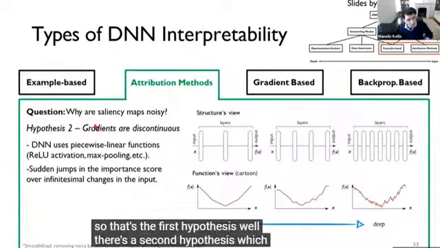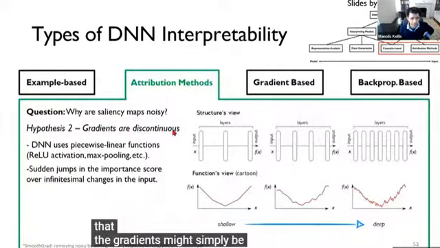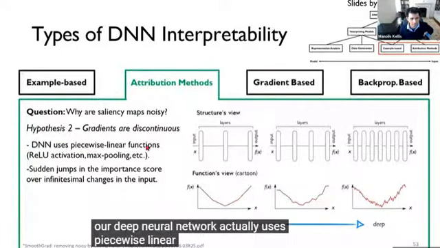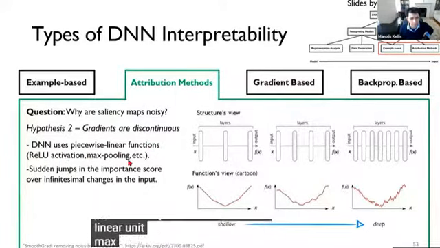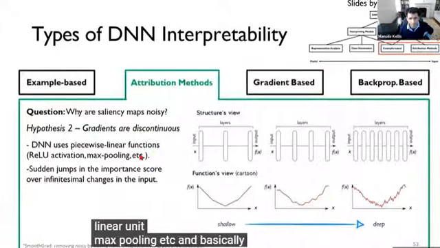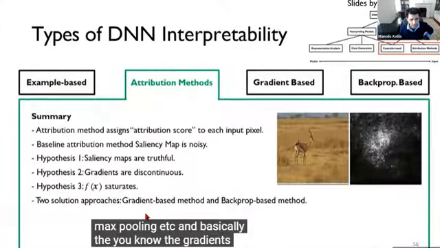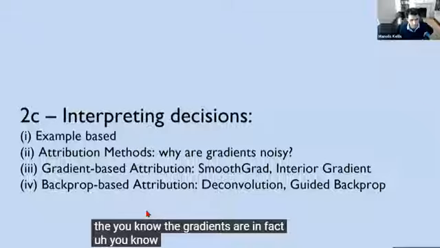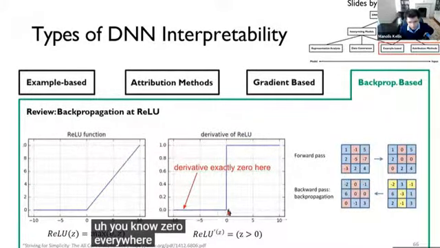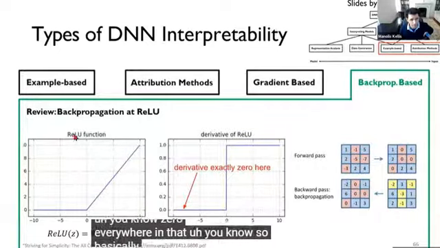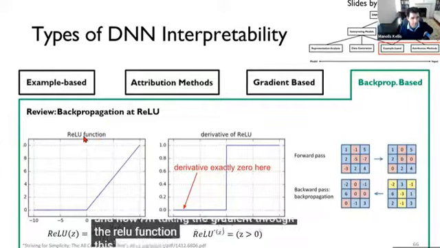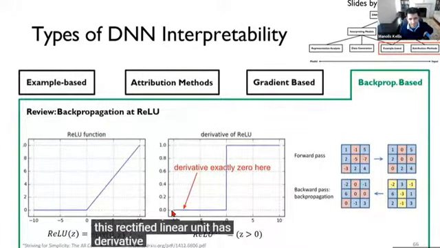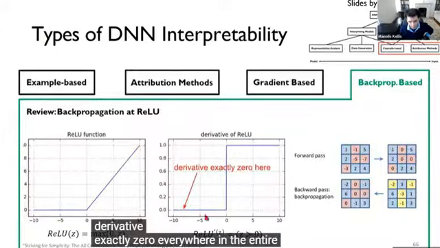Well, there's a second hypothesis, which is that the gradients might simply be discontinuous. Our deep neural network actually uses piecewise linear functions, such as ReLU, the rectified linear unit, max pooling, etc. If you look at the ReLU function and how I'm taking the gradient through it, this rectified linear unit has derivative exactly zero everywhere in the entire negative space.